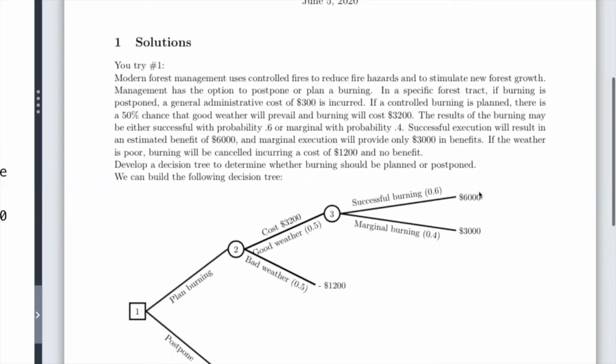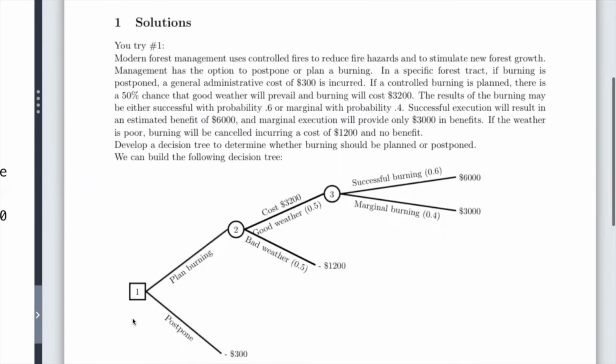If we start reading through the question, we see that the first thing we as the management need to make a decision on is whether to plan a burning or to postpone it, which we write here. Like it is pointed out in the notes, we have a decision node.